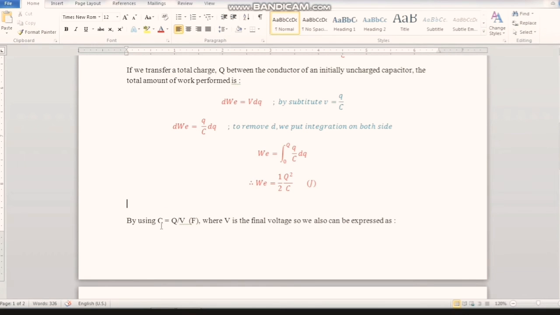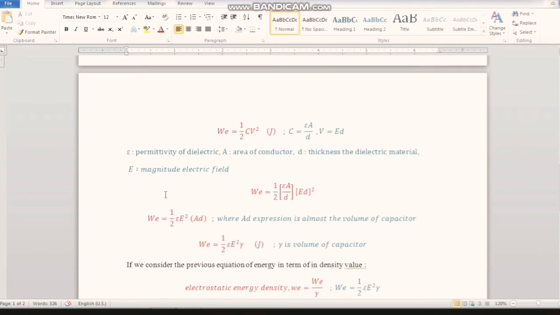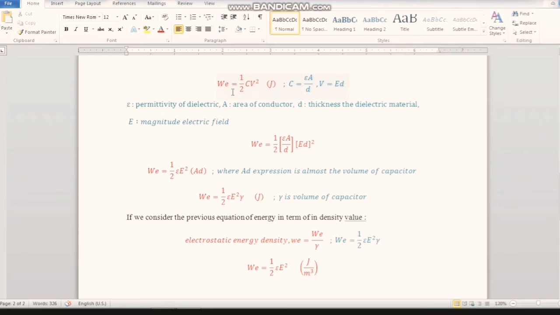By using the capacitor formula C equal to Q over V, unit farad, where V is the final voltage, we can also express it as WE equal to 1 over 2 CV squared, unit joule.